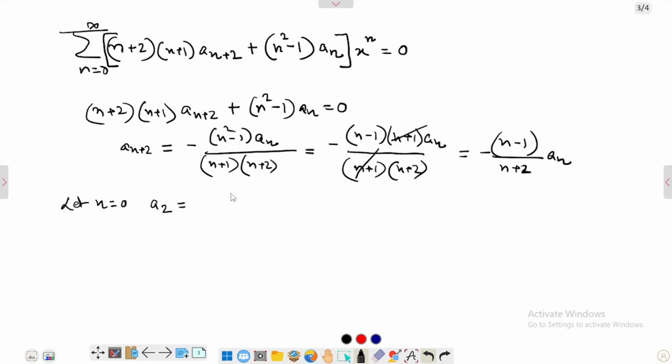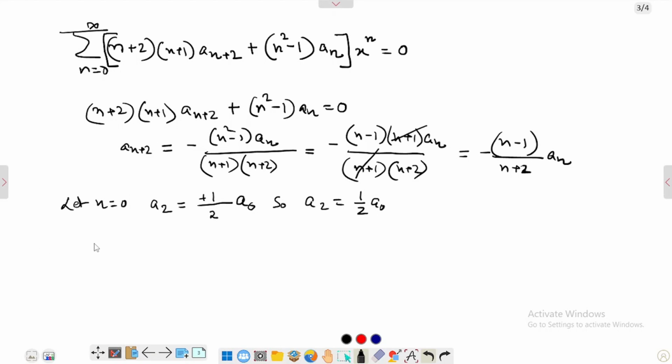So if I plug 0 here, this is 0, minus minus plus, so I get plus 1, and this n is 0, so I get 2, and this is a0. So a2 equal to 1/2 a0.